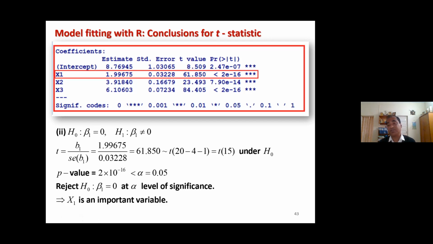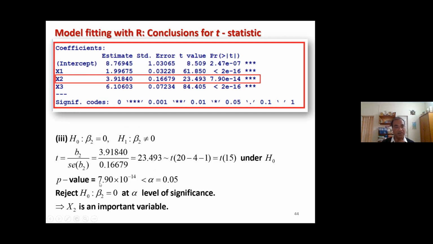Alpha you are trying to take as 0.05, which is the level of significance, that is 5% level of significance. And in this case also, the null hypothesis H naught, beta 1 equal to 0, is rejected. That means the variable x1, which is related with beta 1, is important, and this is contributing in the modeling significantly. So in simple words, I can say that x1 is an important variable.